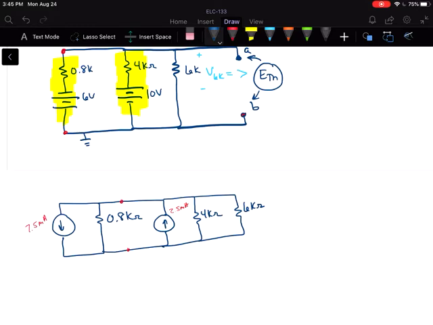So when I combine my current sources, I have 7.5 milliamps going down and 2.5 going up. So that means I have a net 5 milliamps down. And then I'm going to find my RT here, which is the 800 in parallel with 4K, in parallel with the 6K.